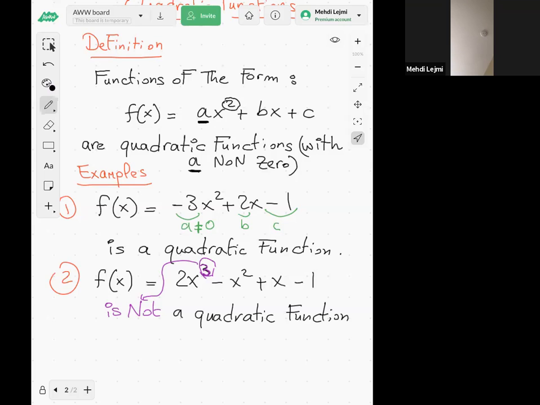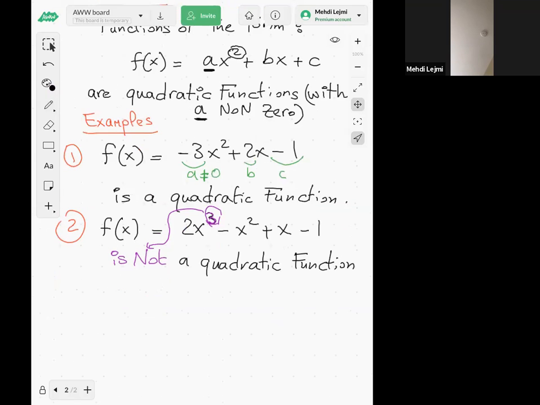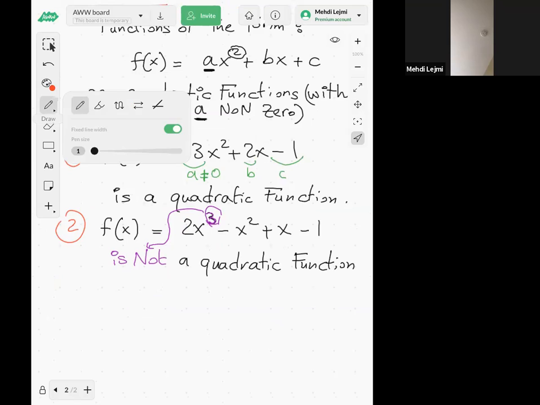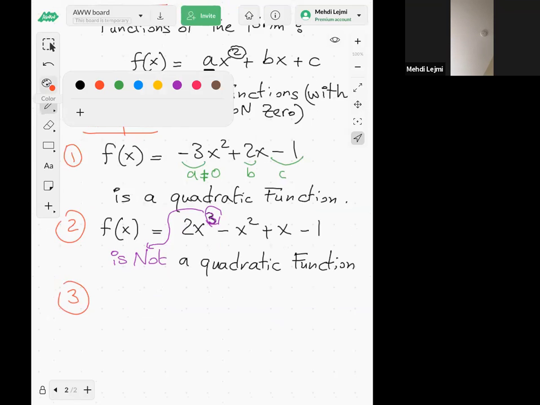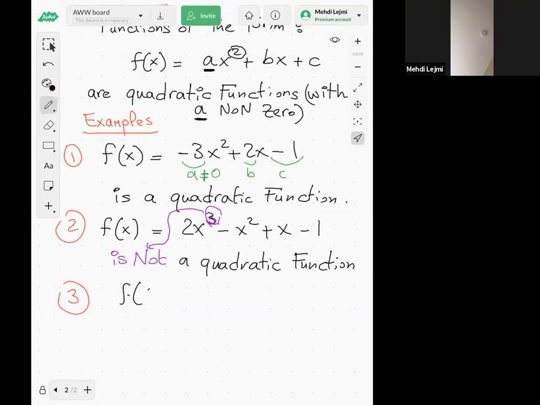Next example, let's say f of x equals x squared minus 1. Here your a would be 1, from 1x squared. Then what will be b? There's no x, right? Here you have plus bx, but there's no x, so your b is just 0.